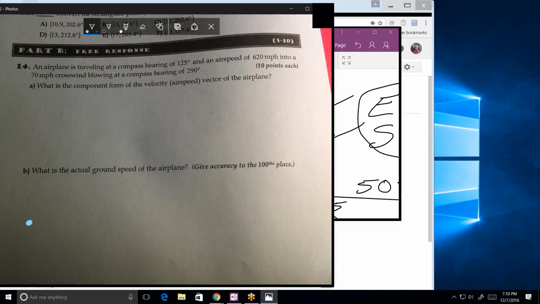I'm guessing that A definitely wants the components of the airplane relative to the ground. Now, it says airspeed, which makes me think that the first part of this is strictly the components of the airplane. Because when you combine the two, you're now talking about the airplane's ground speed.